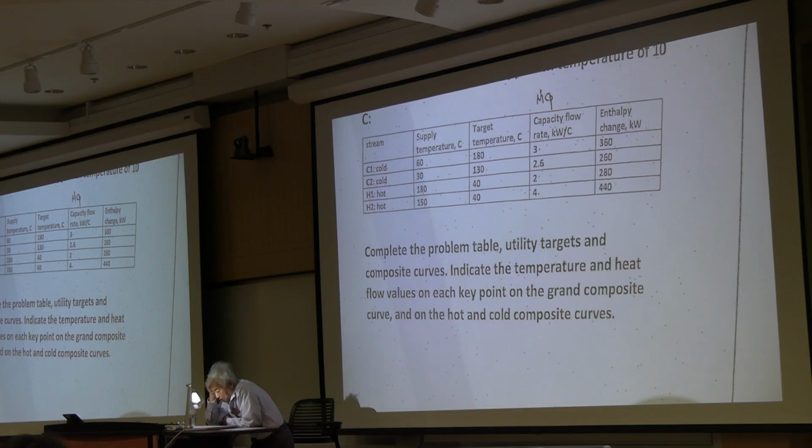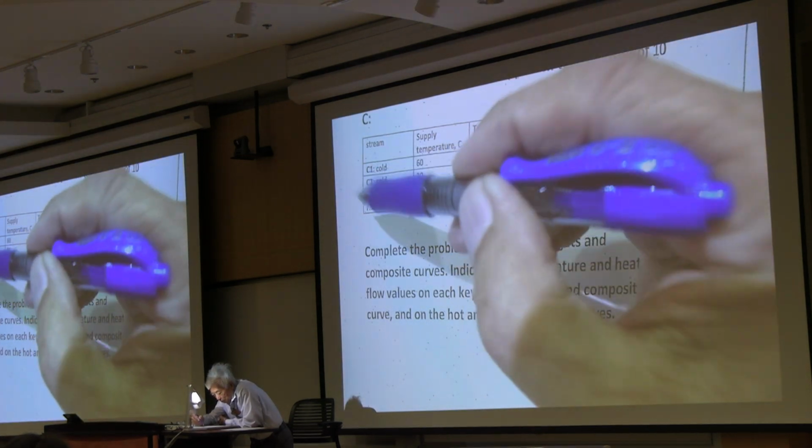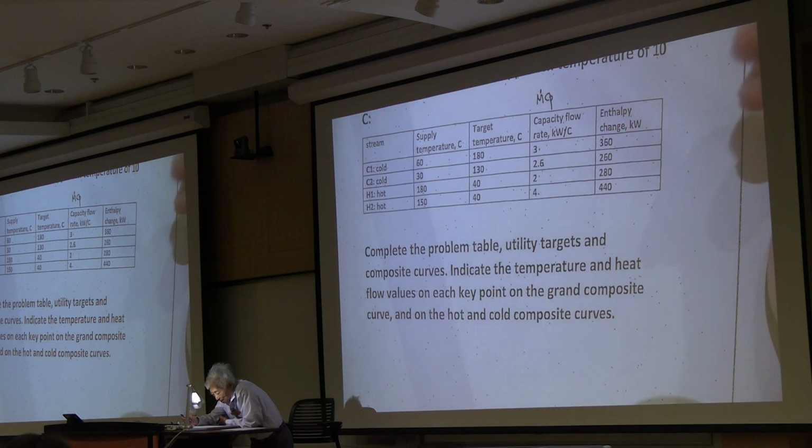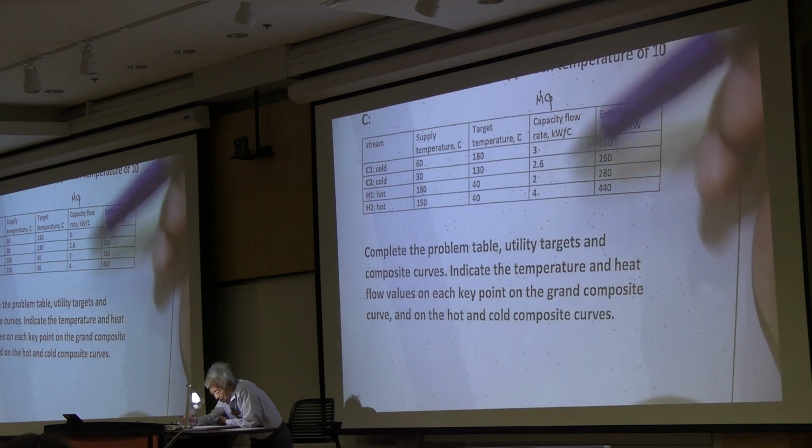It introduces a new concept, splitting a stream. When one hot stream exchanges heat with two cold streams, you need to split the hot stream. Here there's a problem, two cold streams, two hot streams, given capacity flow rate in kilowatt per degree C.